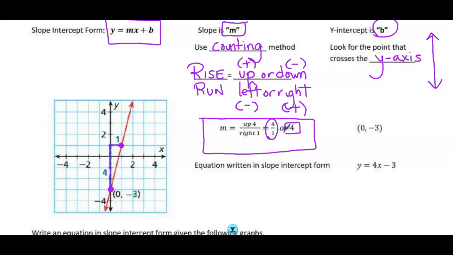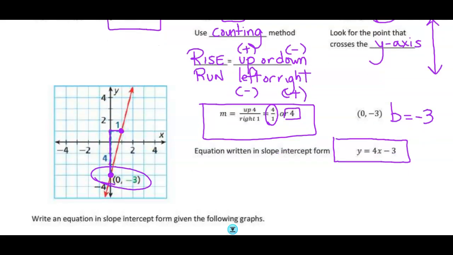You look for the point where it crosses the y-axis. That is the point (0, -3). So that means b is -3. Then you just take those two pieces of information and you sub it in for m and b. And you get y equals 4x minus 3. And that's the process I want you to follow when trying your examples.